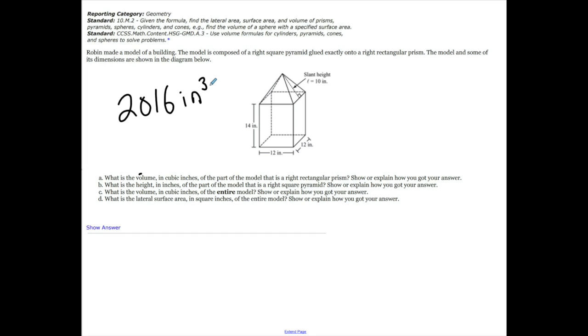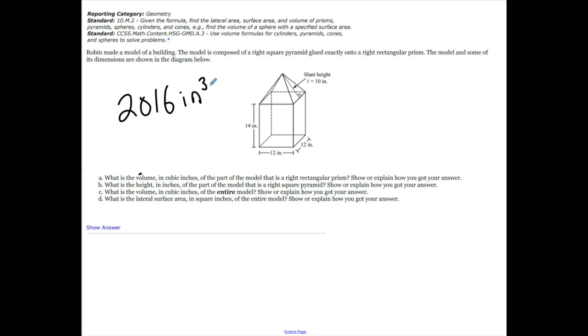What is the height in inches of the part of the model that is the right square pyramid?